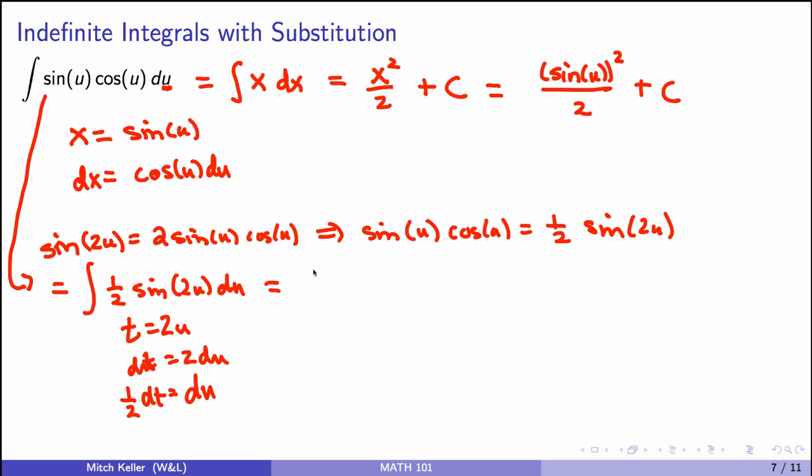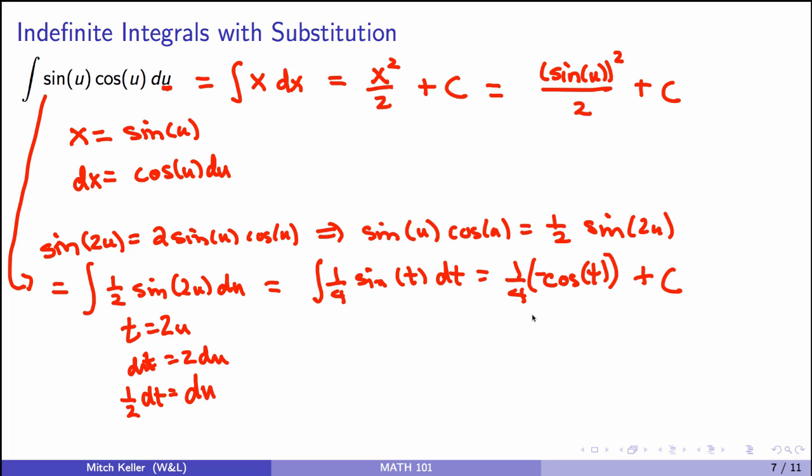So this then becomes the integral of a quarter sine of t dt. And we know an antiderivative for sine of t is going to be cosine of t with a minus sign in front of it, because when we differentiate cosine, we get a negative.